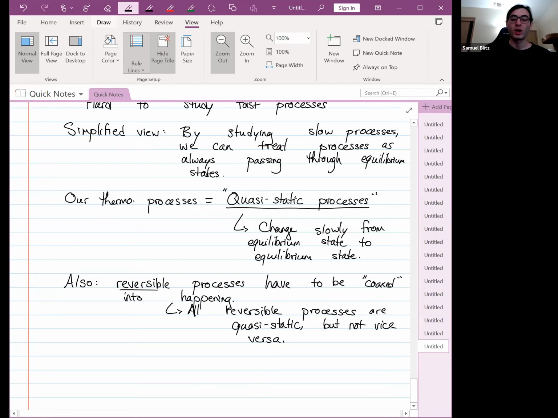So an example of a quasi-static process that is not reversible would be, imagine that you had 2 boxes of gas, right? One of them's at a higher temperature than the other. If you put those 2 boxes in contact, they're going to exchange energy relatively slowly.